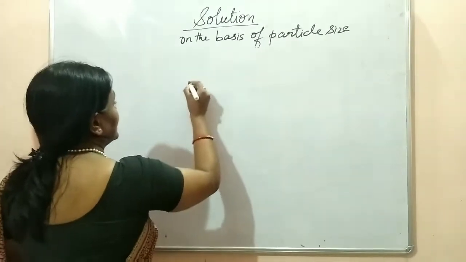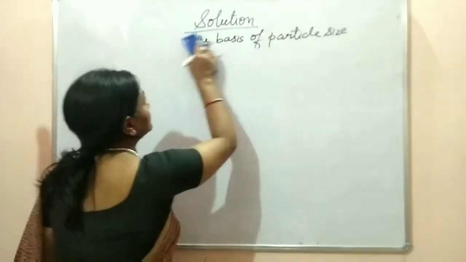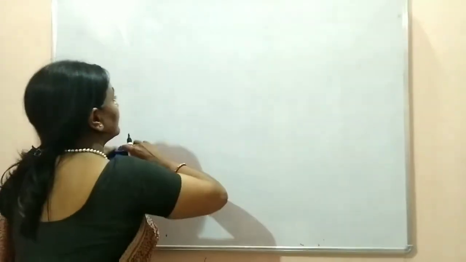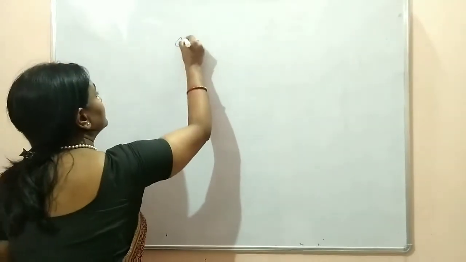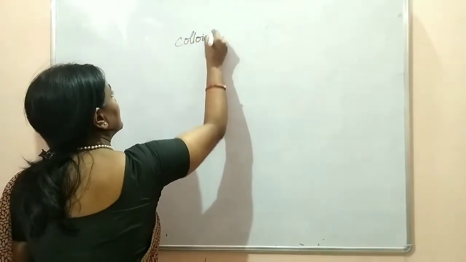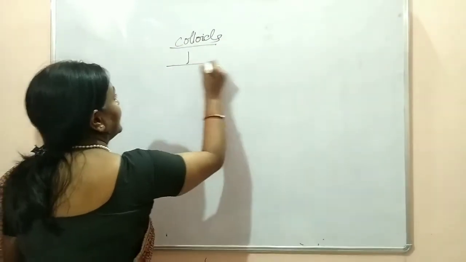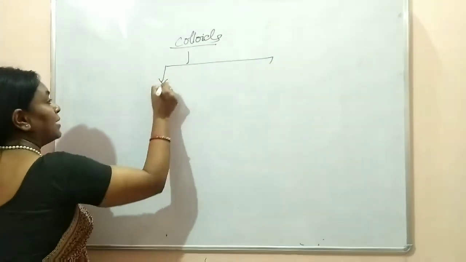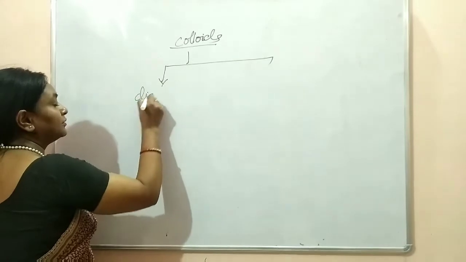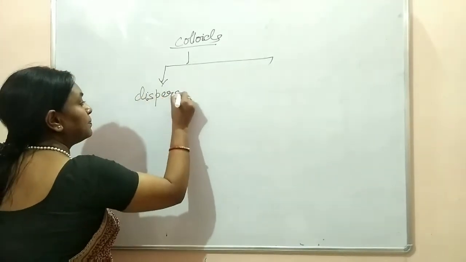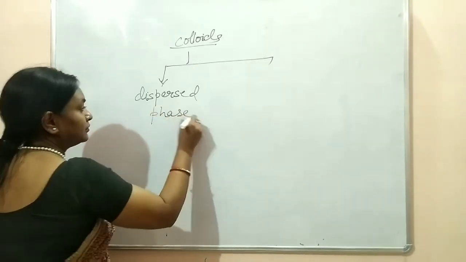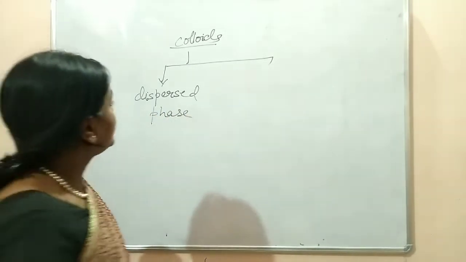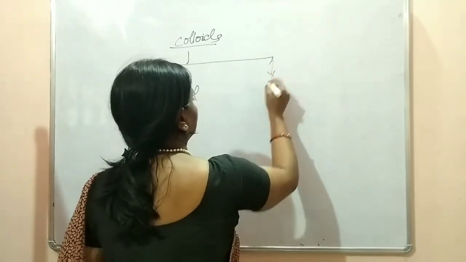A colloidal solution is made up of two parts: the dispersed phase and the dispersion medium.